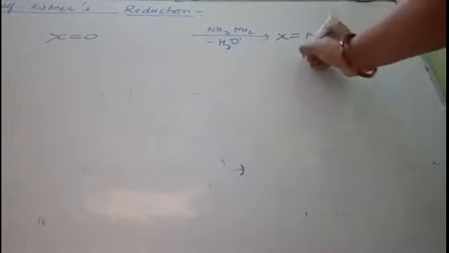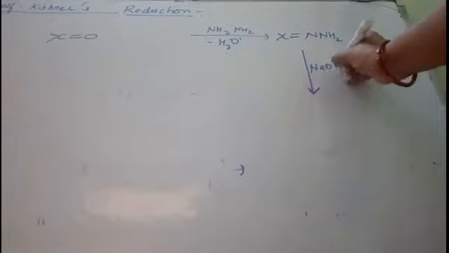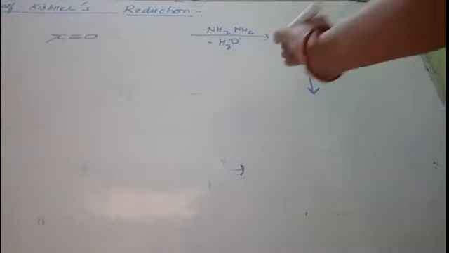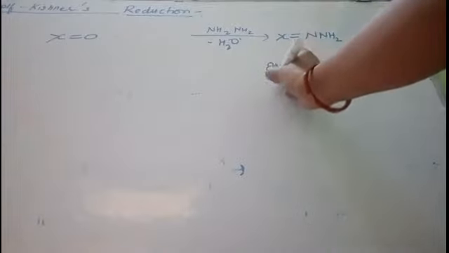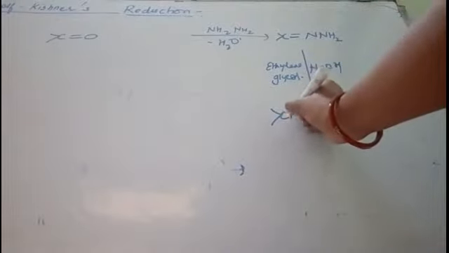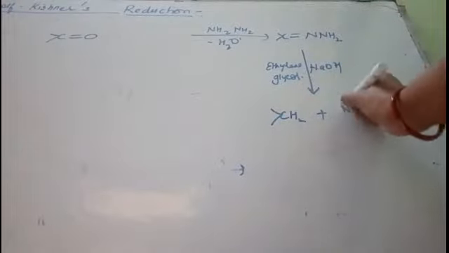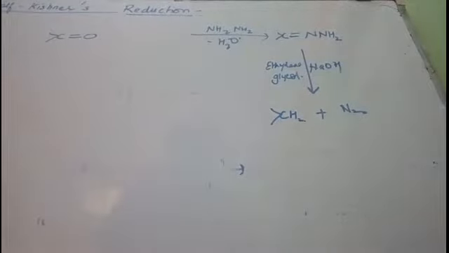Now this hydrazone is treated with alkali, maybe sodium hydroxide or potassium hydroxide, in the presence of ethylene glycol. Then we get here hydrocarbon and nitrogen is removed, right? So the carbonyl group is converted to the hydrocarbon. So that is known as Wolff-Kishner reduction.